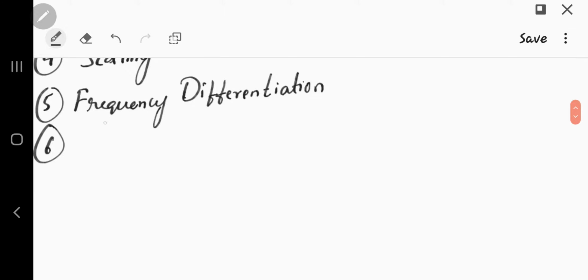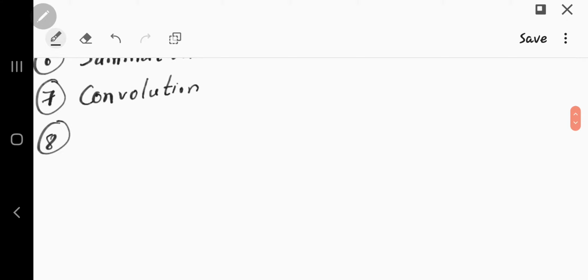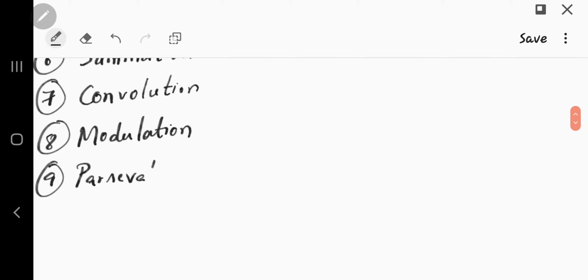And we have summation, convolution, modulation, Parseval's theorem, and finally the symmetry property.